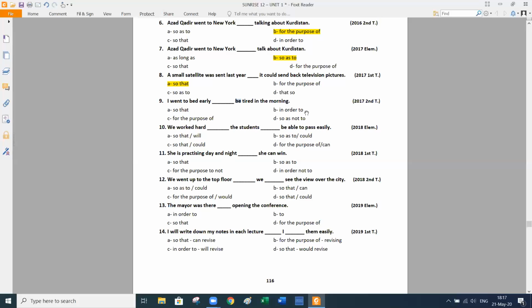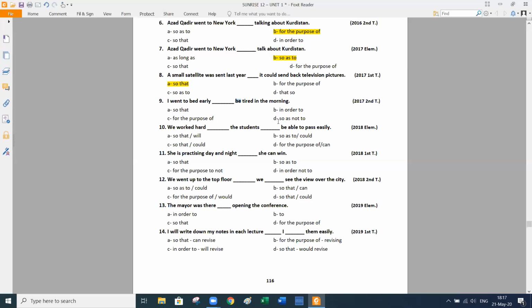In order to be, yes, that's correct. In order to be tired, the structure is correct, I mean. But I continue looking at the other choices. For the purpose of needs ing form, that's wrong. And I look at D, so as not to be.